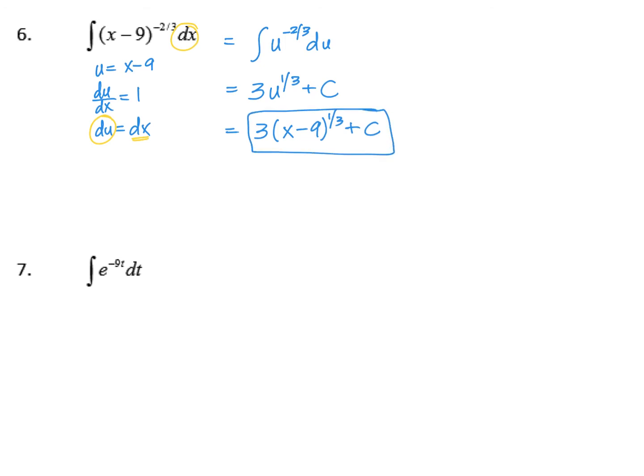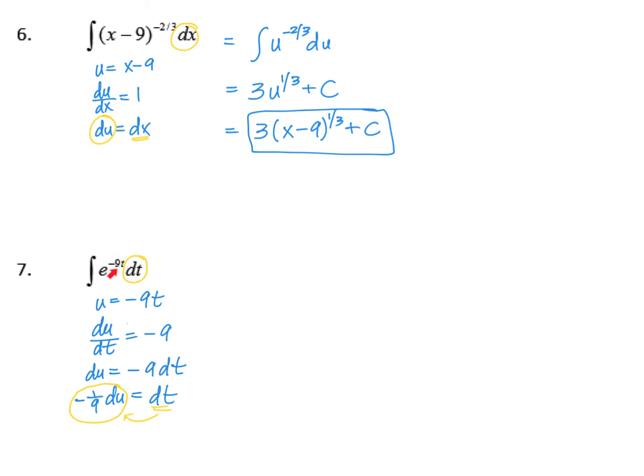Okay. Next example. Here, it would be nice if the exponent here is just u. So here we have u equals negative 9t, du dt equals negative 9. All right, so du equals negative 9 dt, and then I'm going to multiply both sides by negative 1/9. So this is nice. This dt is going to now be replaced by negative 1/9 du.